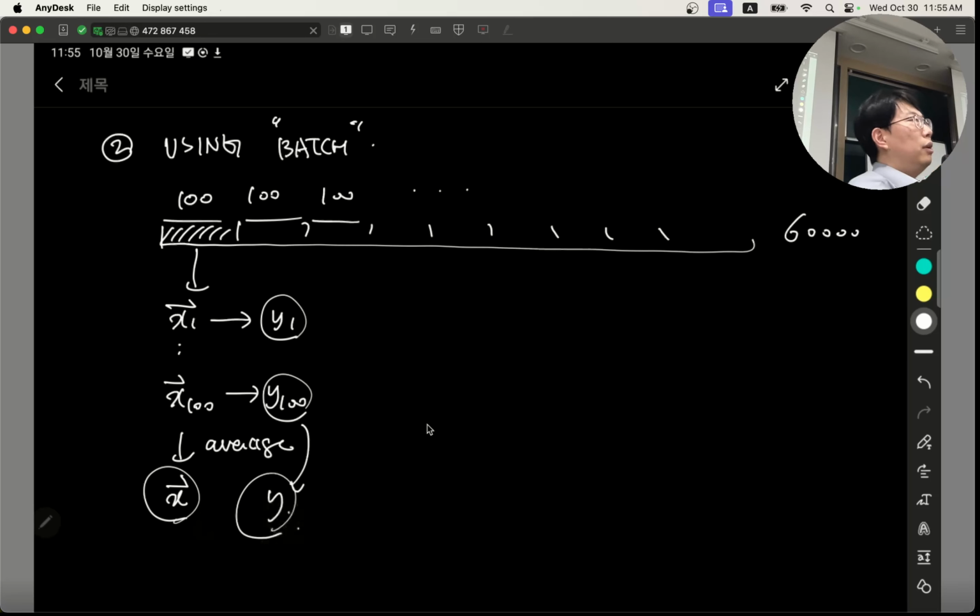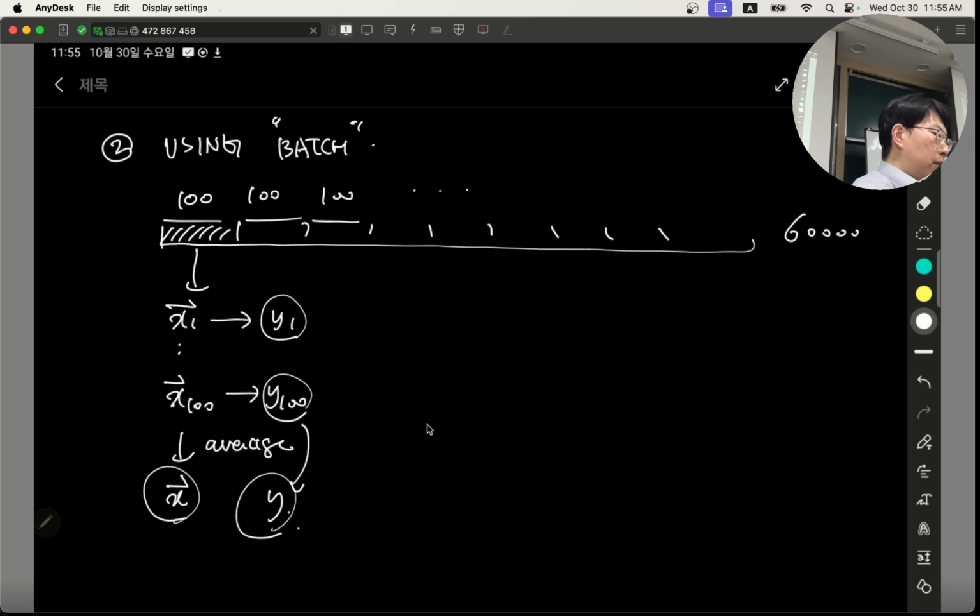So in some sense, it blurs out your images, and also the effect on the training of your model for one image is down by 100 compared to training image by image.